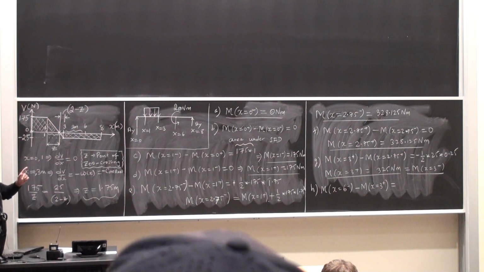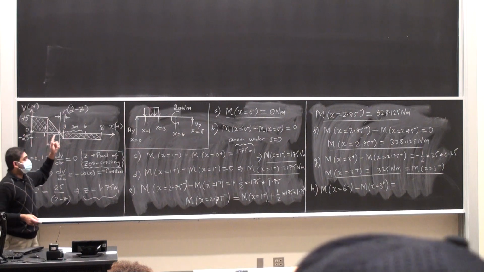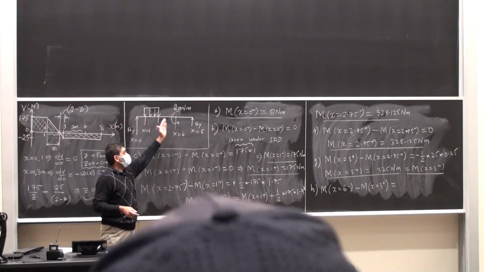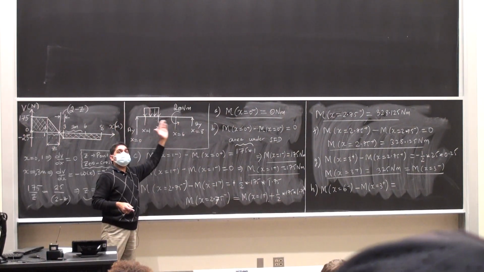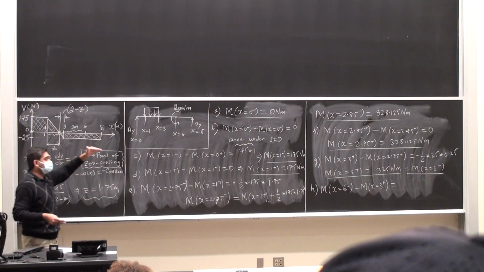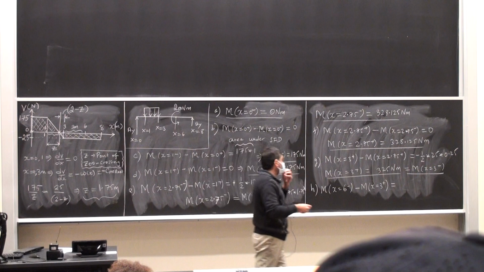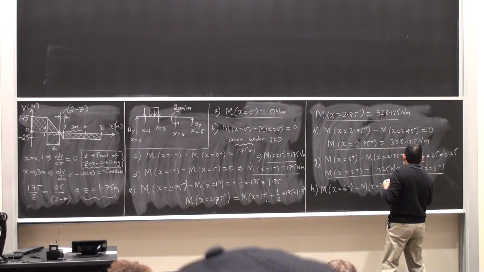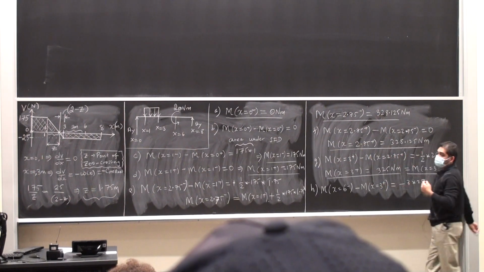Don't be fooled like you did for the shear force diagram. You're not looking only at this guy here. You're looking at the shear force diagram if you're drawing the bending moment diagram. So this is the area under the shear force diagram. So minus 3 times 25.